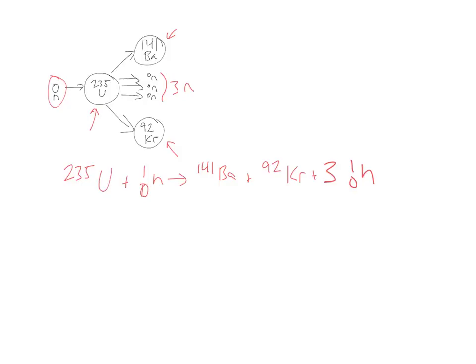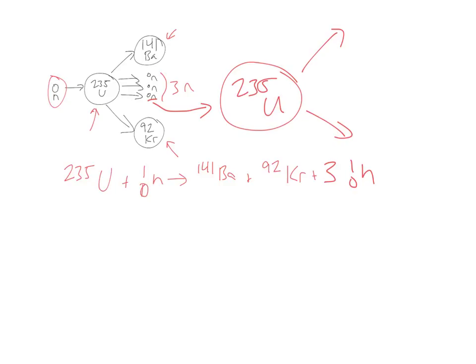And what actually happens with this is it creates what's referred to as a chain reaction, because this neutron right here is going to kick off and hit another 235 uranium isotope, and it's going to do the exact same thing. So this is going to go on and on and on.